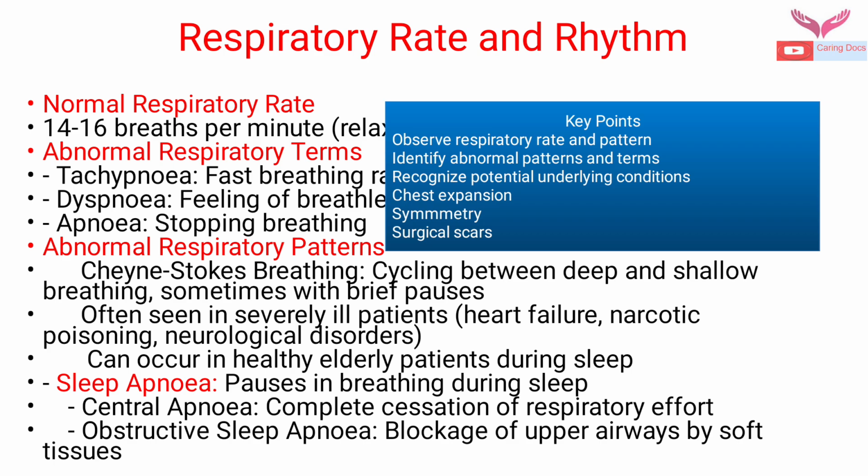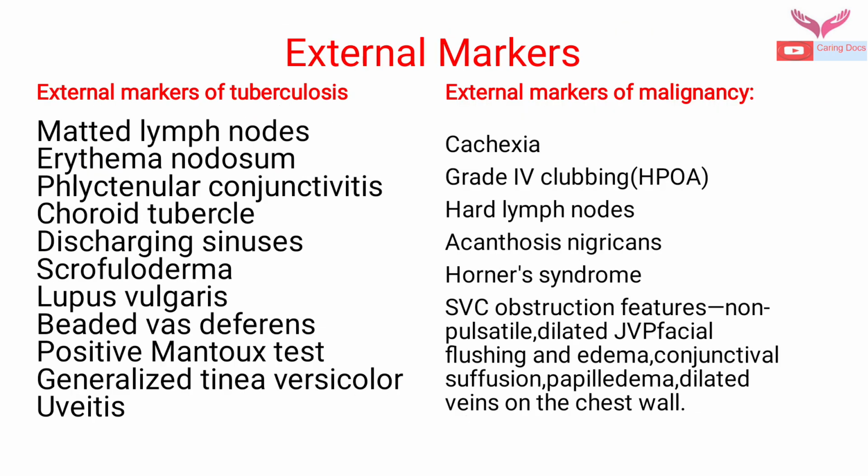Can occur in healthy people also during sleep. Sleep apnea: here we see a pause in breathing during sleep. Central apnea is complete cessation of the respiratory efforts. Obstructive sleep apnea is the blockage of the upper airway by the soft tissues.